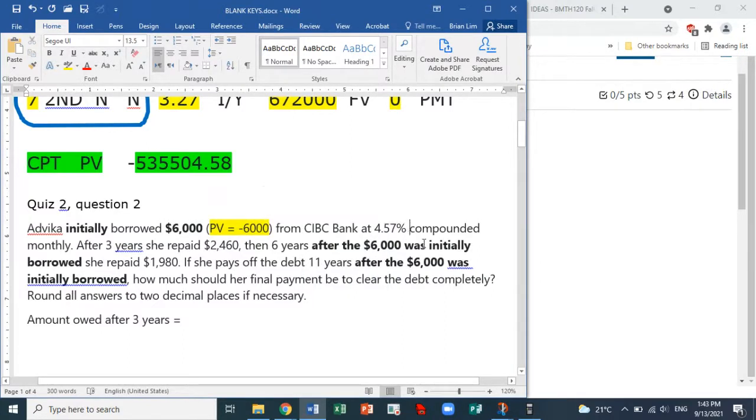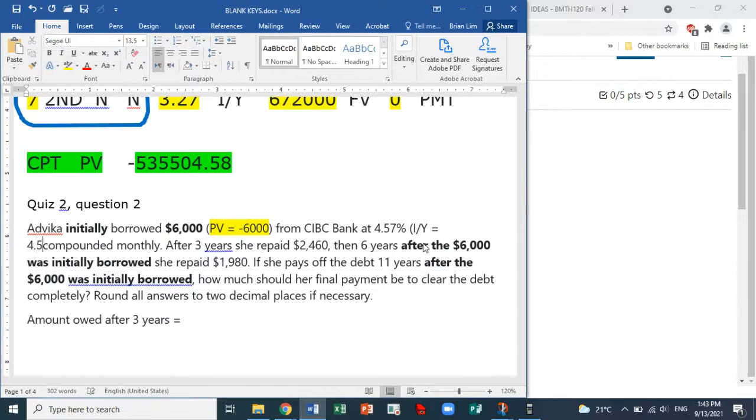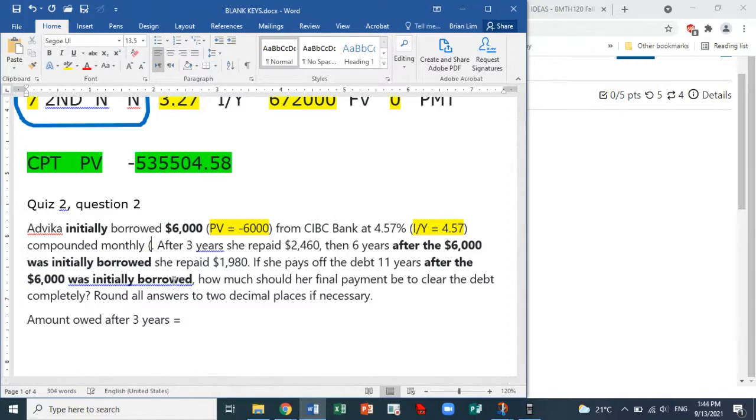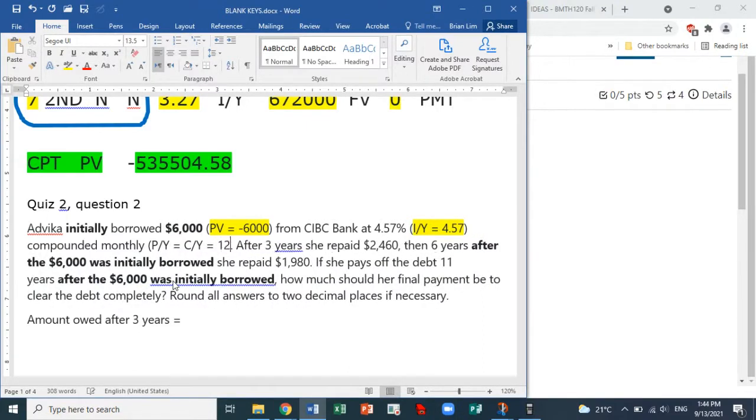The CIBC Bank 4.57 would be the IY value, 4.57. That amount is compounded monthly, so that would give us PY equals CY equals 12. And that would be the number that goes in there.